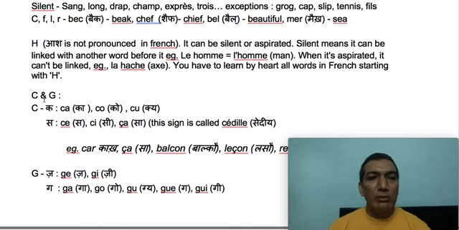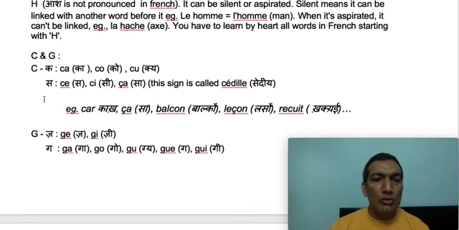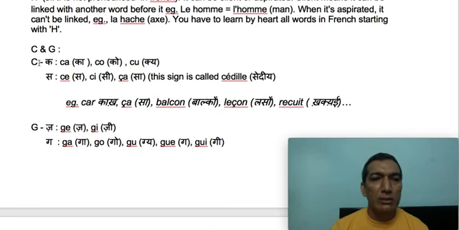Then we come to two consonants, C and G. These are two particular letters because the sound can be different according to the vowels, so you also have to remember them.